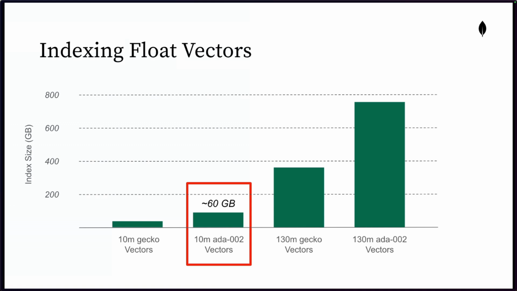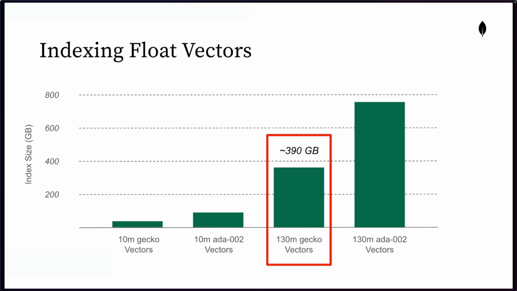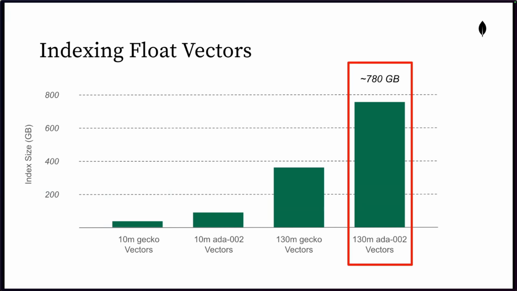If you're storing 10 million 1536 dimensions, that is 60 gigabytes of RAM. It goes up 400 for that one. And can you imagine 800 gigabytes of RAM needed for 130 million 1536 dimension embeddings? It ramps up pretty quickly. I mean, I don't know who's running a server that big.